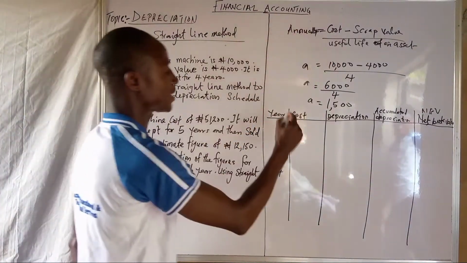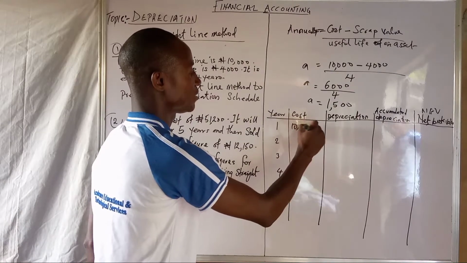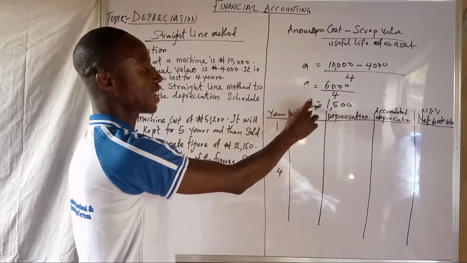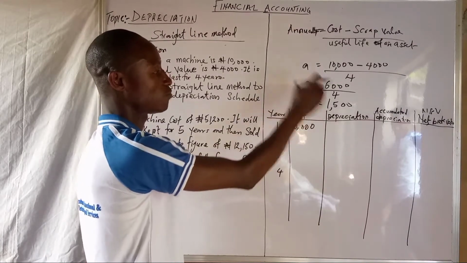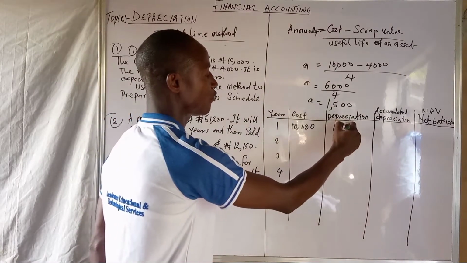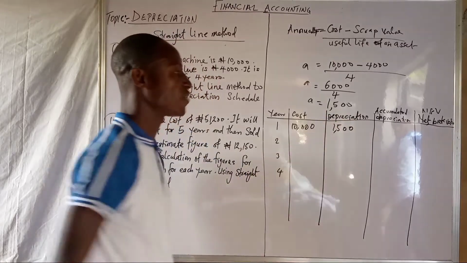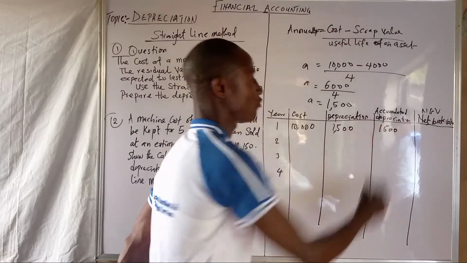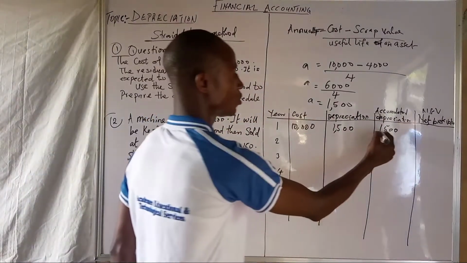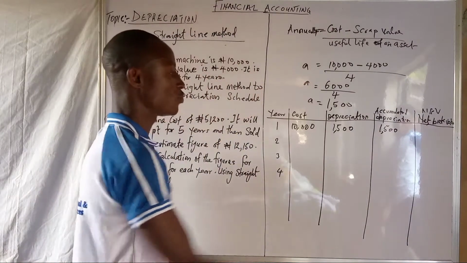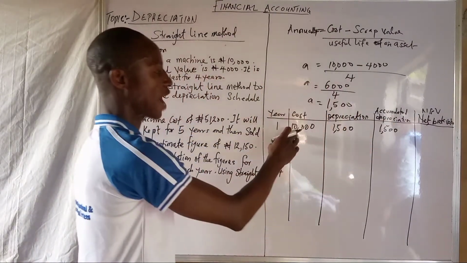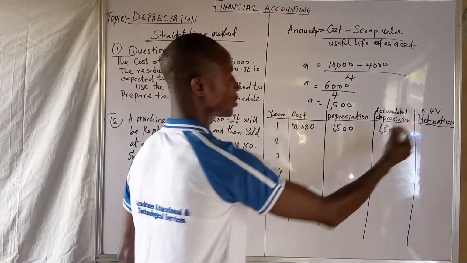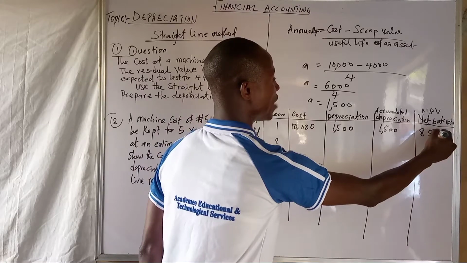The net book value has to do with the value at which you later sell the asset. So for year 1, the cost is 10,000 naira, and the annual depreciation, that is for 12 months making a year, is 1,500. Since we don't have any earlier year, the accumulated depreciation is still 1,500 naira. To get our net book value, we deduct this 1,500 from 10,000 naira, which gives 8,500.